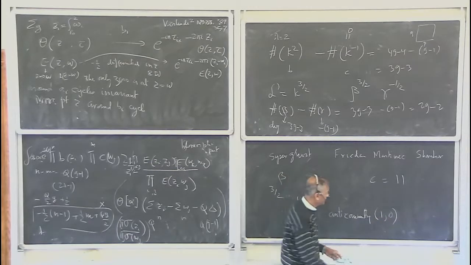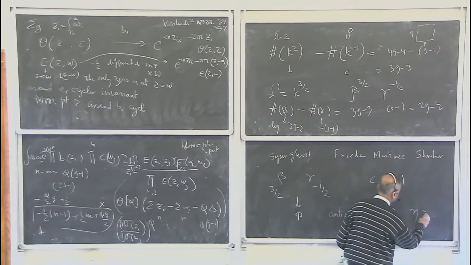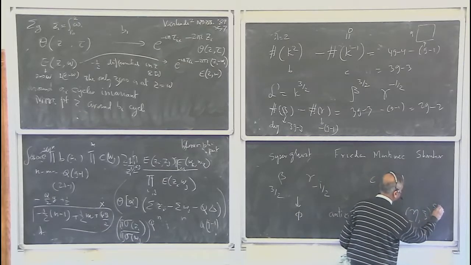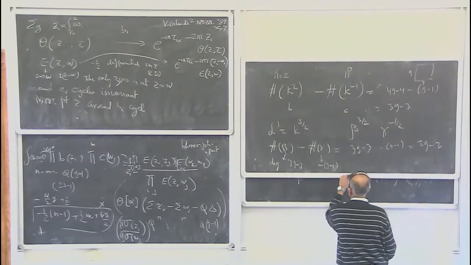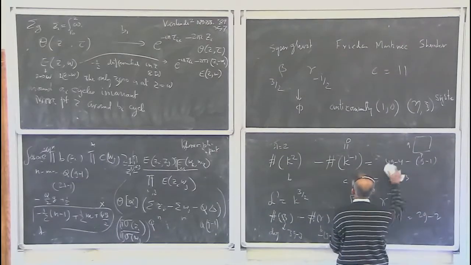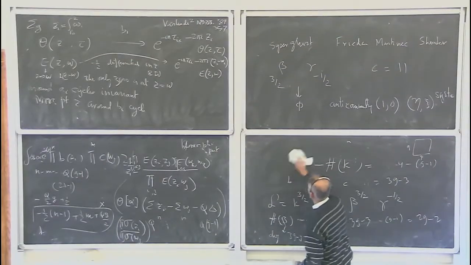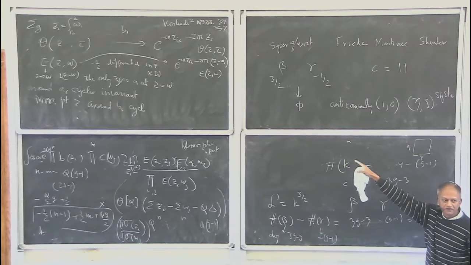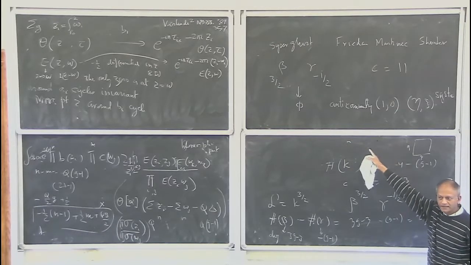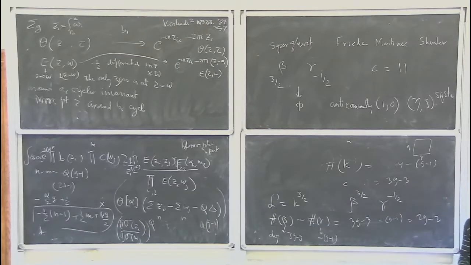That is called the eta-xi system. Since beta and gamma are half-integer differentials, dimension 3/2 and -1/2, they carry the information about the spin structure. So they are not neutral to the spin structures.